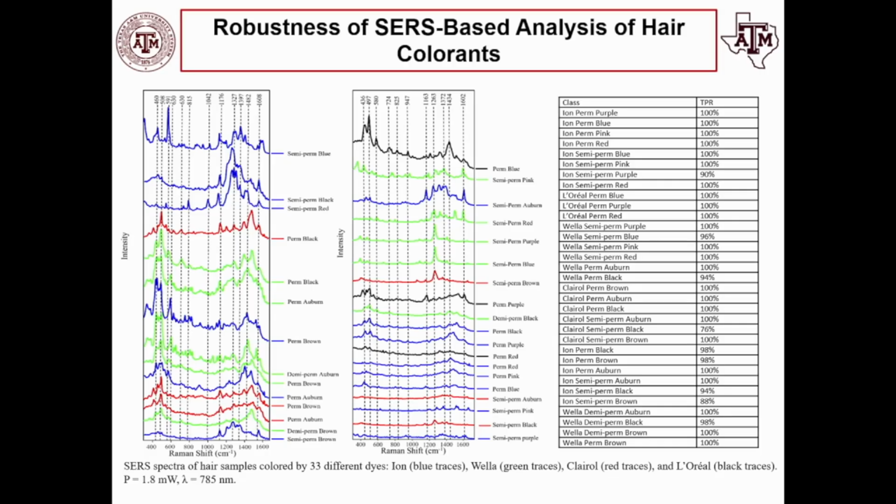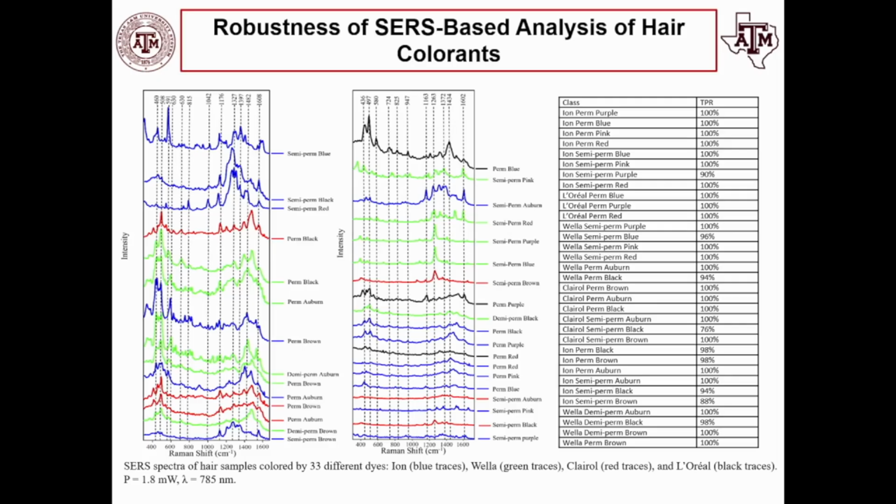And we not only look at them from the perspective of presence or absence of vibrational bands, which is possible because if we turn the presence of a vibrational band into a black bar and absence into a white bar, we can get a barcode that would be unique for every single colorant. But in my group, we employ chemometrics approaches, something similar like PLS-DA or more advanced artificial neural networks to demonstrate the accuracy of identification of dyes present on hair.